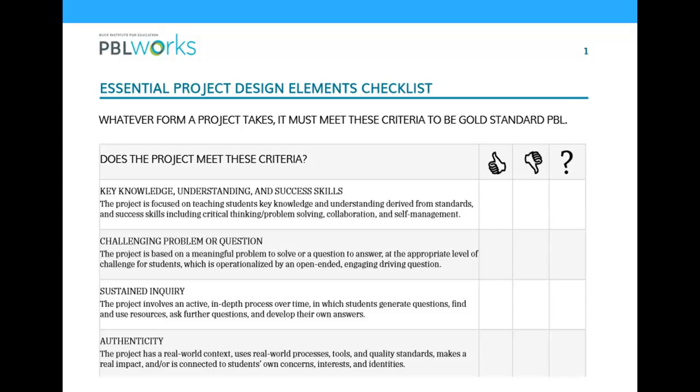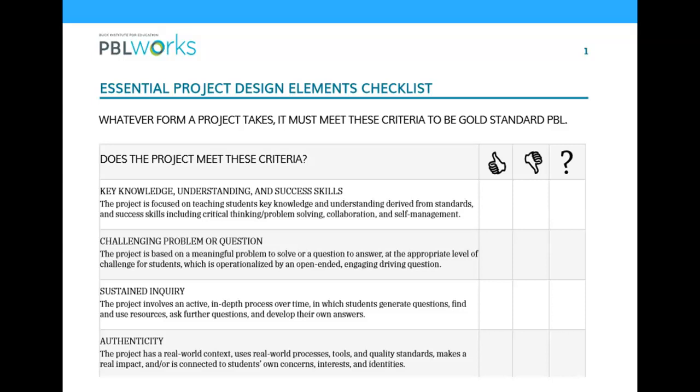These are success skills, what are called life skills, soft skills. We call them lots of different things, but they are things that transcend disciplines and that students can use throughout their life.